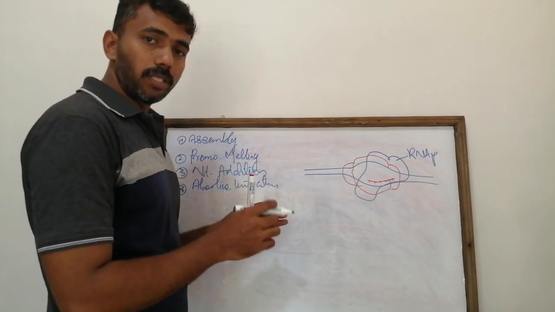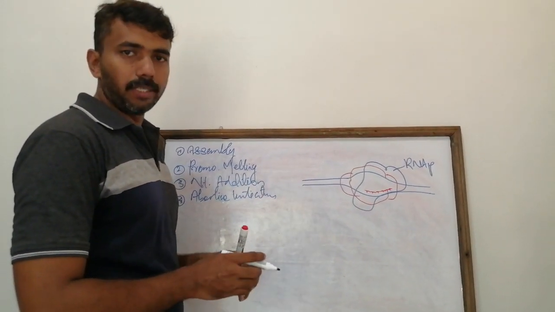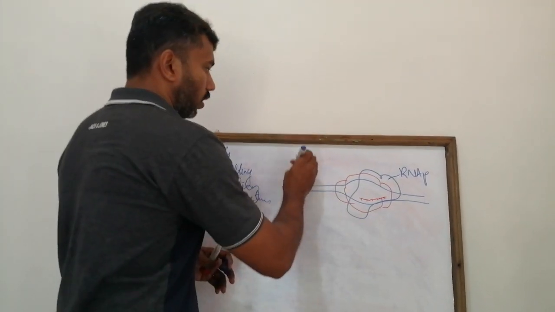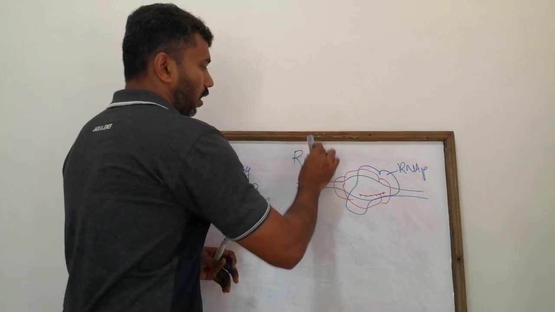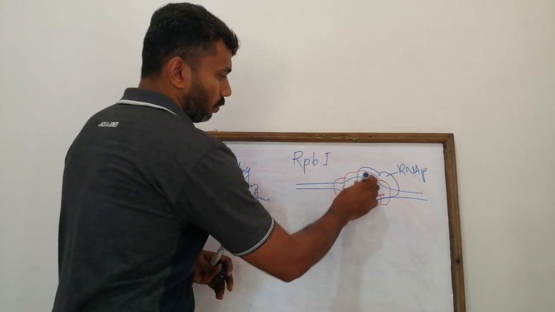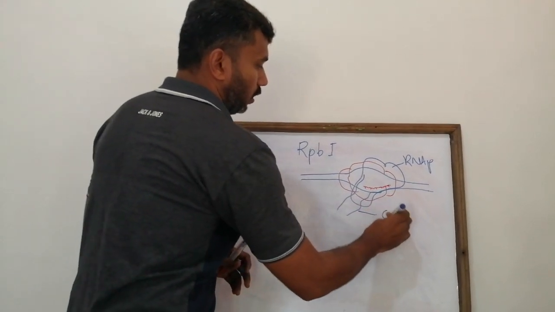After certain rounds, there is a reaction we call phosphorylation of the carboxy terminal domain of the RNA polymerase enzyme. Actually, this RNA polymerase enzyme's largest subunit, as we already said, is RPB1. So this RPB1 has a carboxy terminal domain, the CTD.